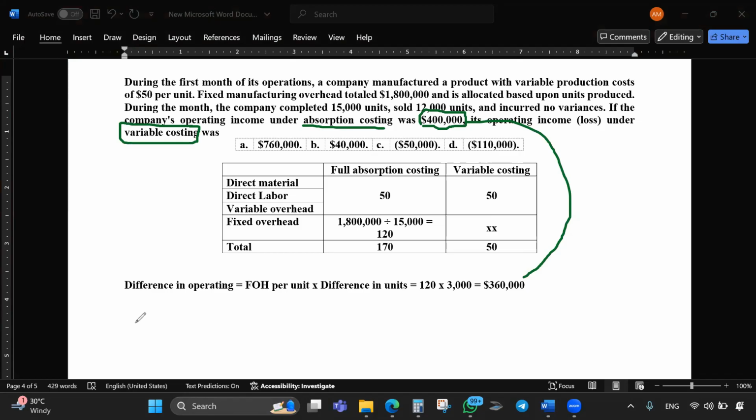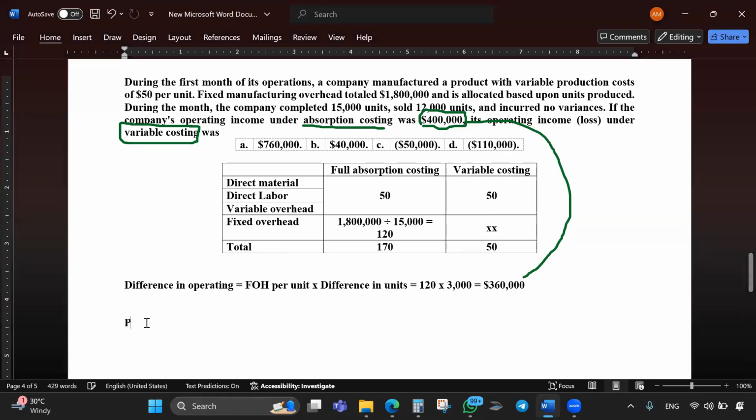If the production is greater than the amount sold, the operating income under full absorption will always be greater than the operating income of the variable costing method, and vice versa, which means if the production in units is less than the amount sold, the operating income under full absorption costing will be less than operating income using variable costing.